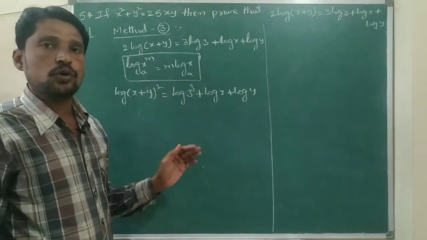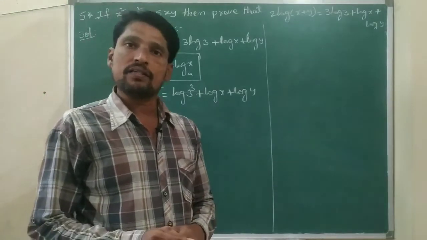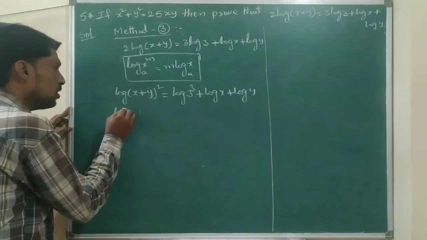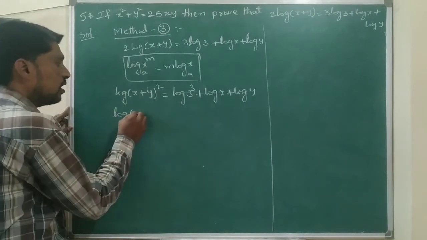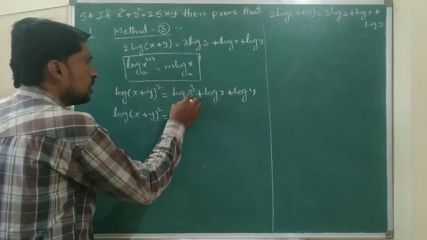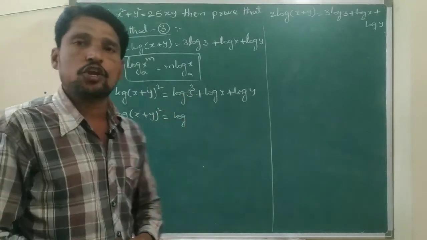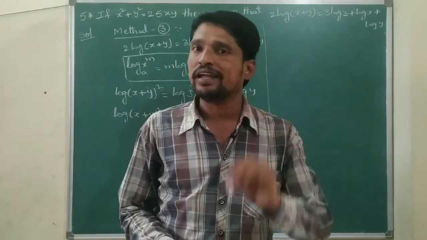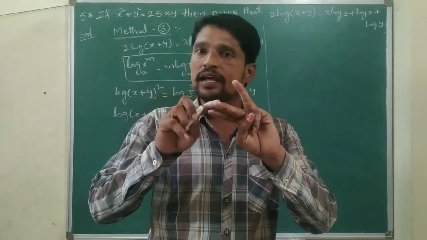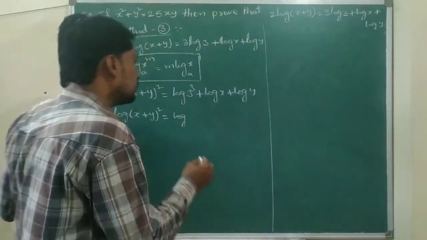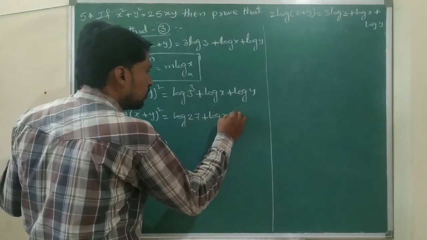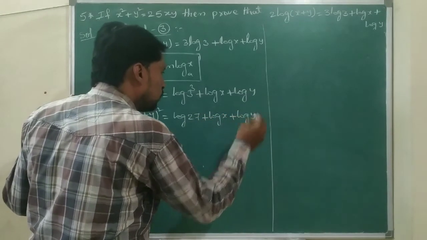Here we take the LHS the same: log of x plus y whole square equals log of 3 cube. 3 cube means 3 times 3 times 3: 3 into 3 is 9, 9 into 3 is 27. So log 27 plus log x plus log y.